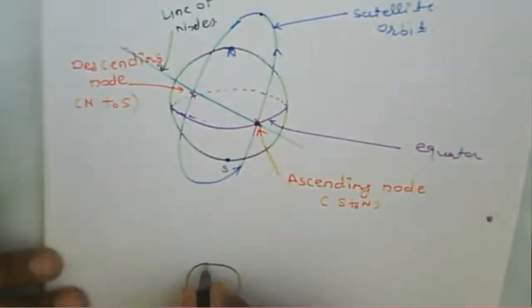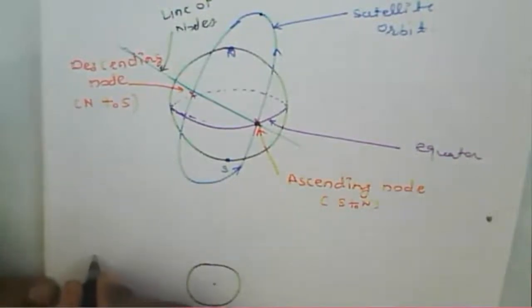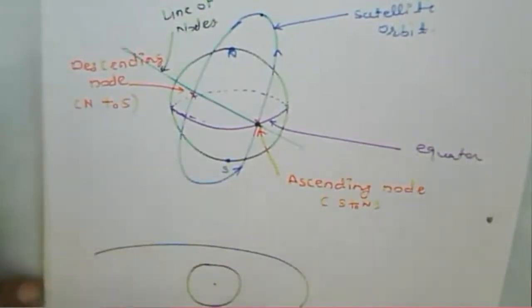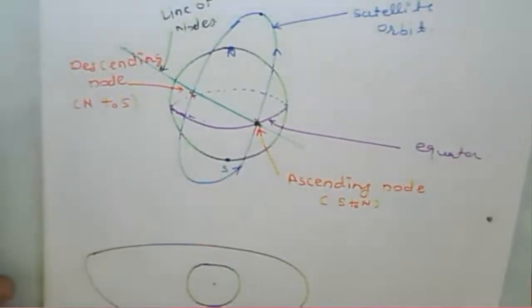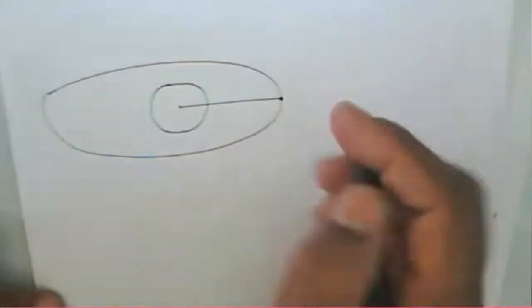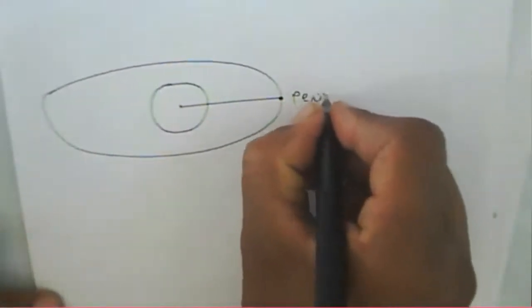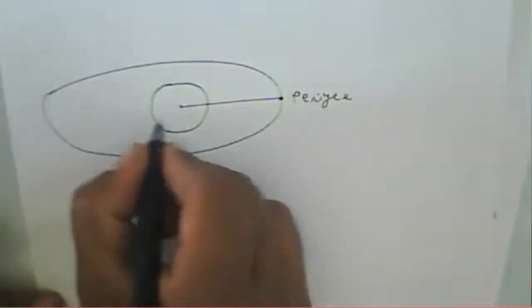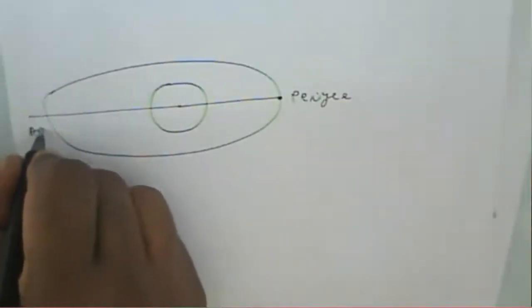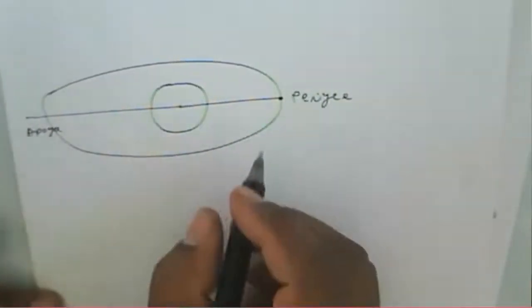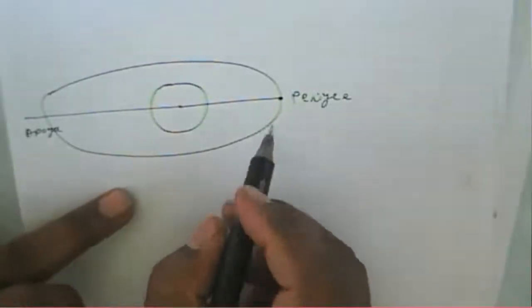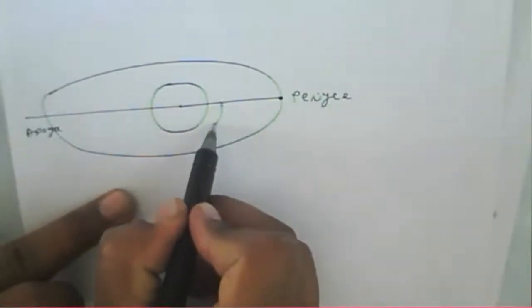So again, I am going to redraw here. This is our Earth, and this is the orbit. This nearer point is the perigee, and this is the apogee.